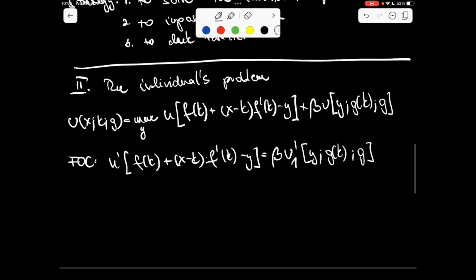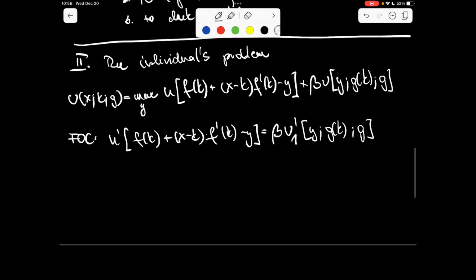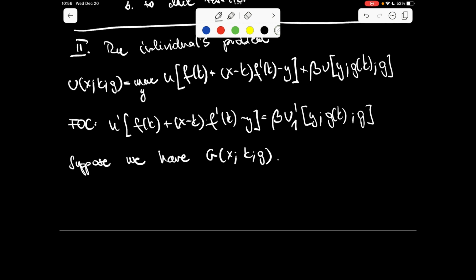To have the Euler equation, next we need to have the envelope condition. So we follow the same strategy. Suppose we have the optimum policy function of the individual, and if we do, we can have the optimized Bellman equation with the optimum policy function of the individual.